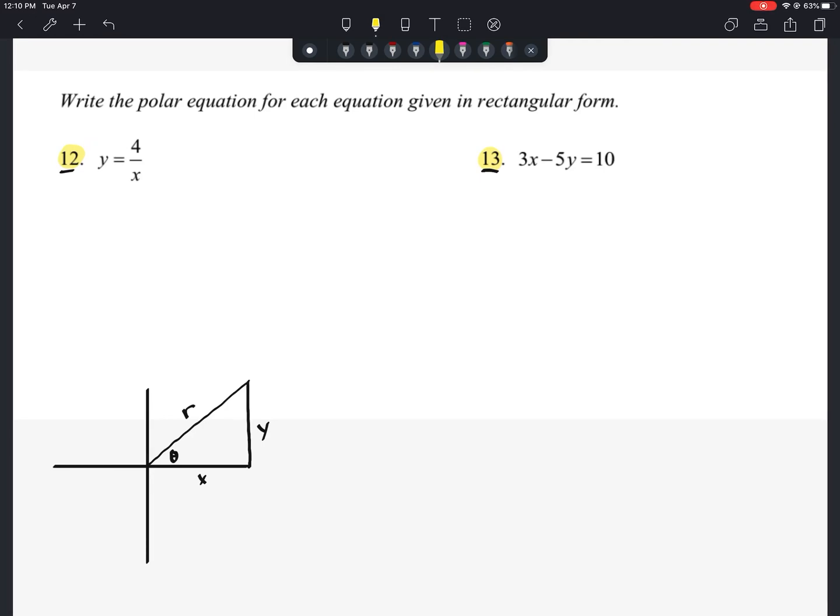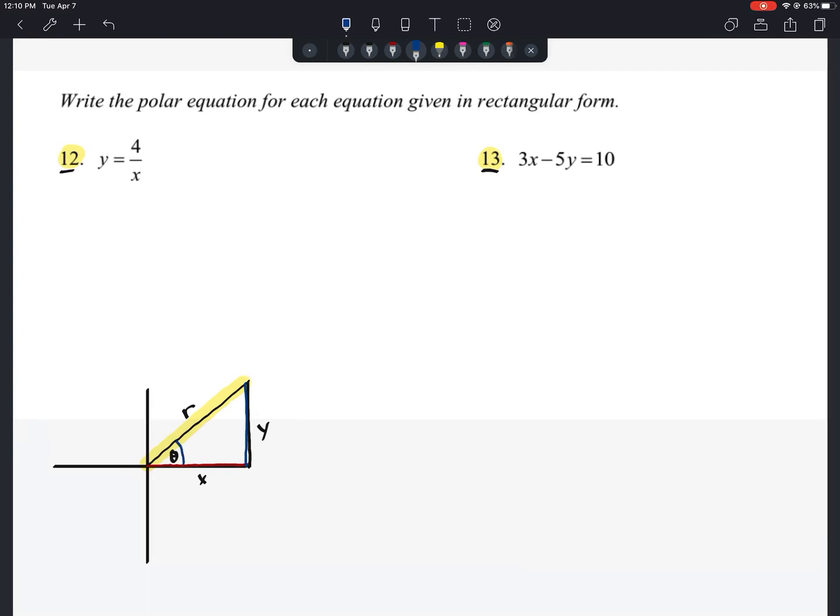So a quick recap, if you look down at the bottom of the page here, I've drawn out a coordinate plane, and you'll see that we've got this right triangle in it. In our right triangle, our hypotenuse is r, our horizontal side is x, and our vertical side is y.